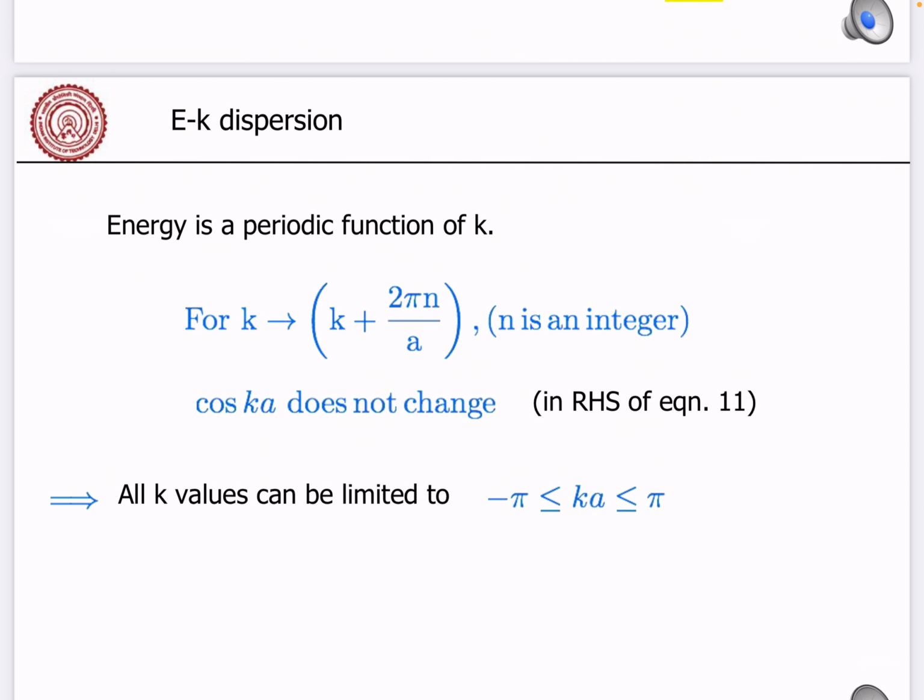Because it is periodic, the energy is the same for this region. Therefore, all k values can be limited to minus pi by a to plus pi by a. All the k values, because these are periodic, you can always bring them there. So, let me elaborate this further.